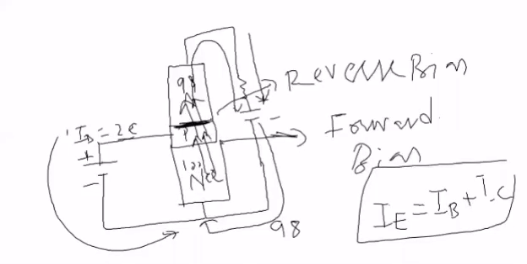So this IB current, that is a very small current, controls the whole transistor.